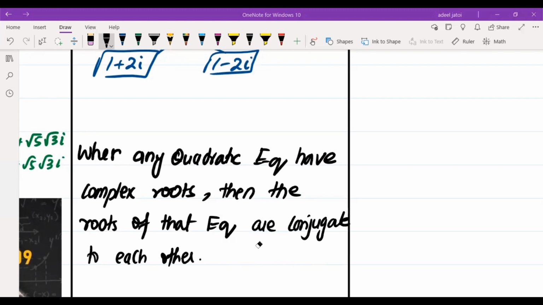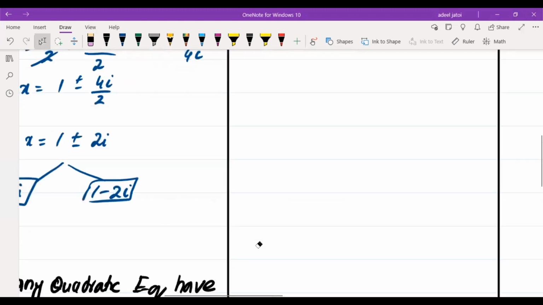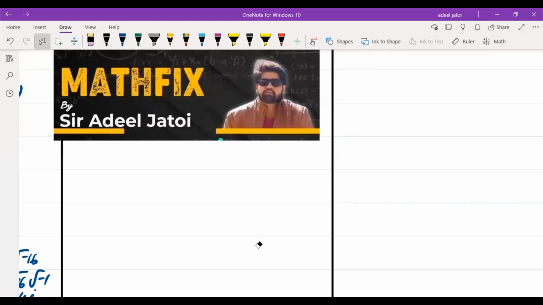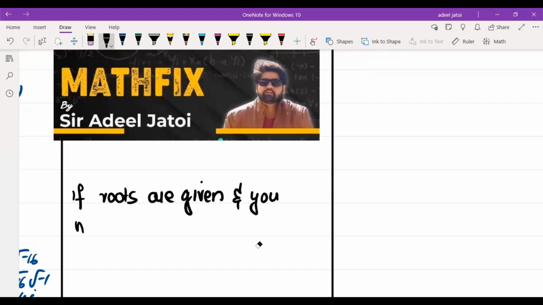Now, knowing this, sometimes the question gives the roots and you need to find the quadratic equation.